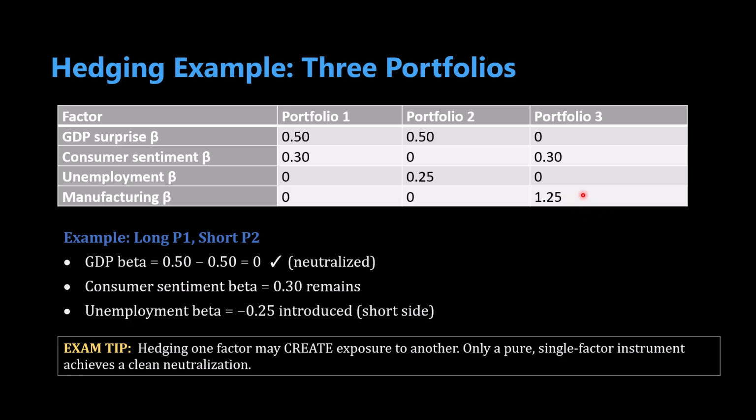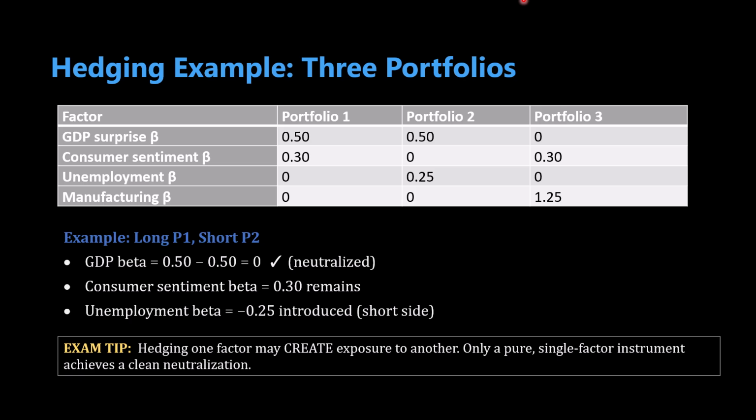Suppose we go long position in portfolio 1 and short position in portfolio 2. Then the GDP exposure becomes as following. GDP beta equal to 0.50 minus 0.50, which is equal to 0. So GDP exposure is neutralized.